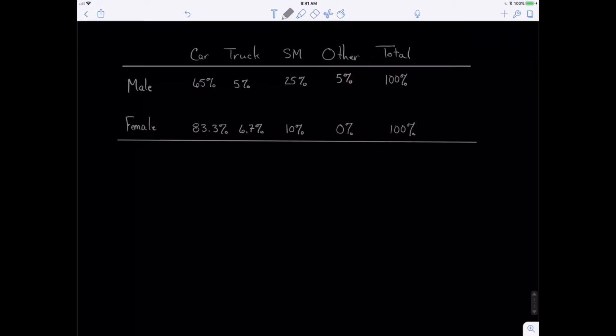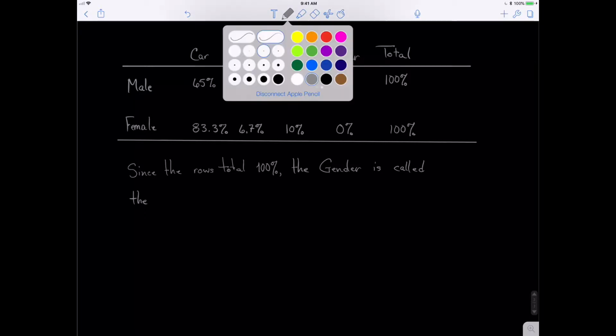Now, here's what we want to do. Notice this. Since the rows total 100%, then gender is called, here's your word of the day. It's so important that maybe we'll do it in blue.